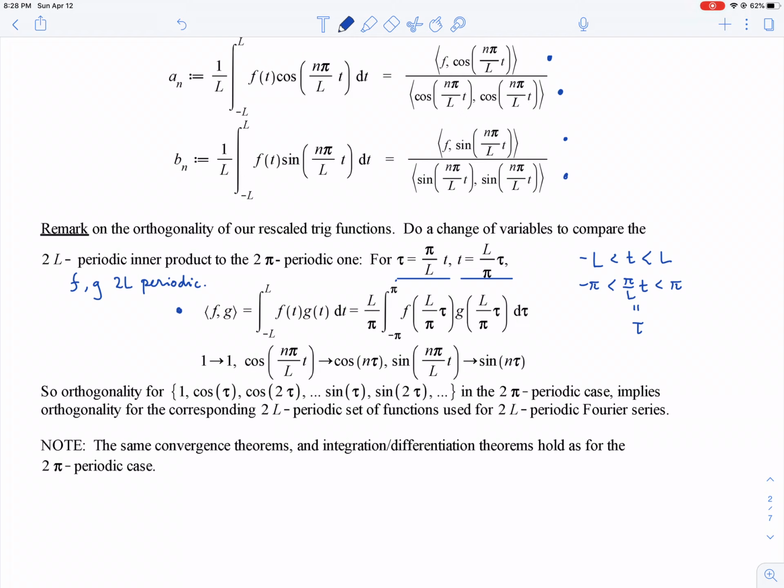So we substitute tau equals pi over LT. So d tau is pi over L dt, or dt is L over pi d tau.